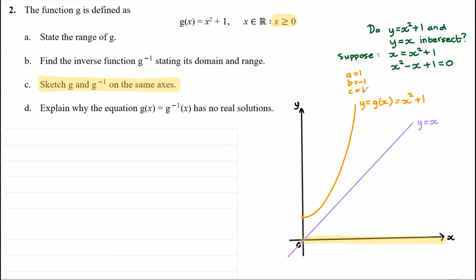Now, if you plug all that into the discriminant, you're going to have b squared, so that's -1 all squared, subtract 4 multiplied by a and c, which are both 1. You could also just plug this into your calculator and see what types of solutions you get. So this is just going to be 1 subtract 4, which is -3.